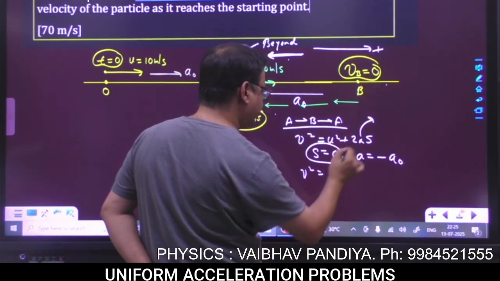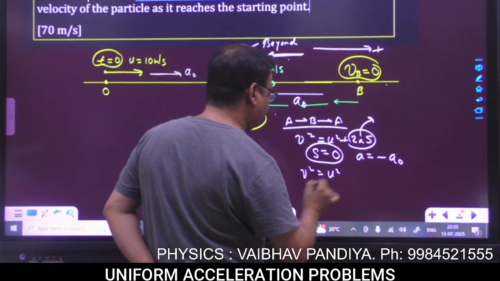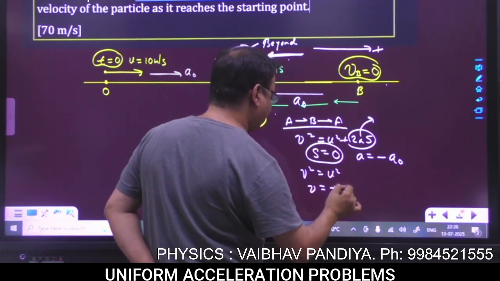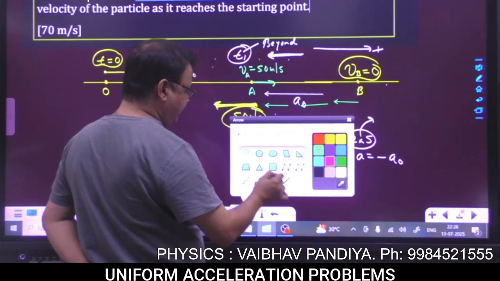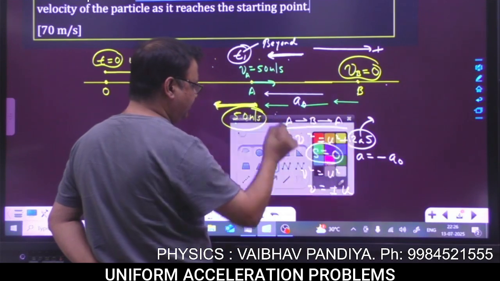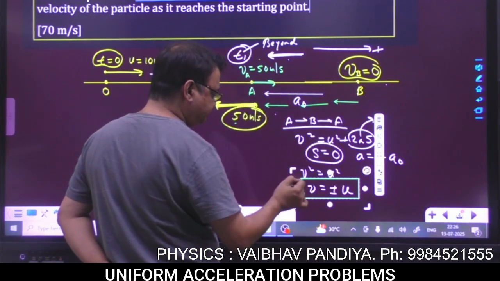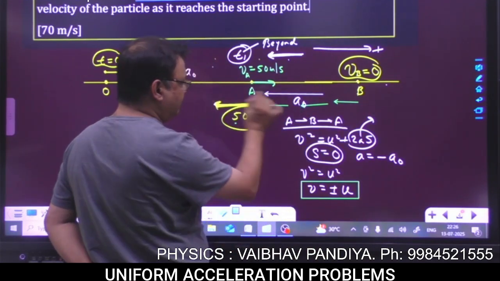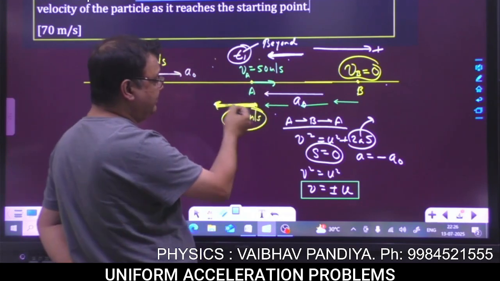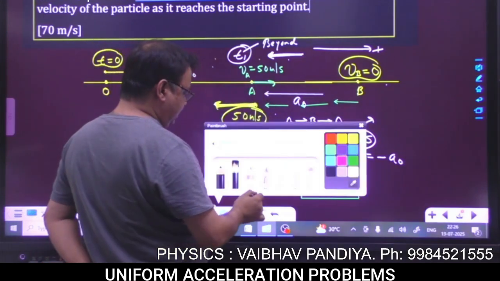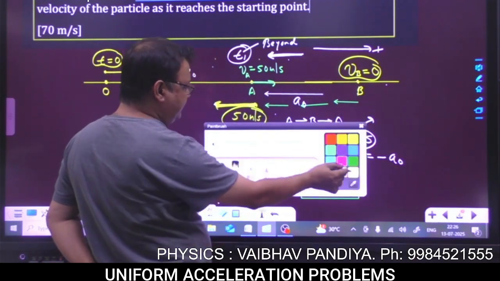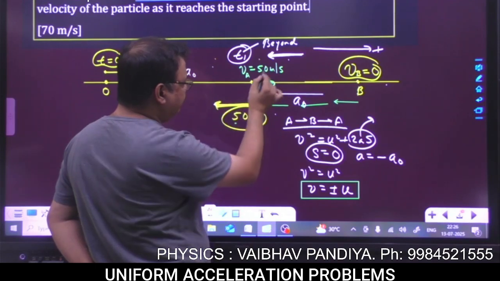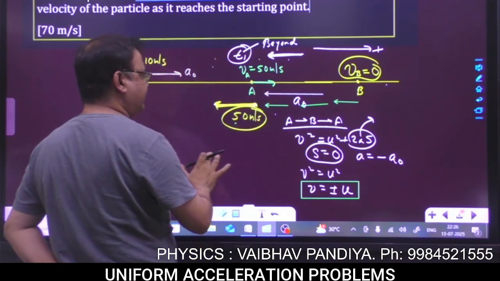So V square will come to be U square, so V will be plus minus U. So you are getting two values of V, and that is natural because at this point there will be two velocities. One will be along the positive side, one will be along the negative side, correct? So while coming back, it will be on the negative side with the same magnitude, 50 meter per second.